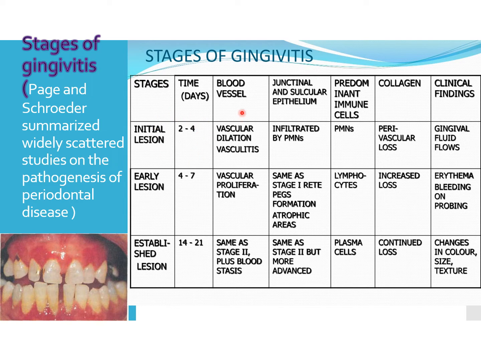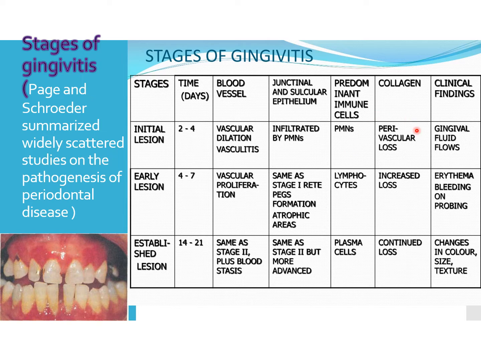days. Here we are discussing both the clinical findings as well as the histopathological findings. Under blood vessels there will be vascular dilatation and vasculitis, and the junctional and sulcular epithelium will be infiltrated by polymorphonuclear neutrophils, and the predominant immune cells will be PMNs.